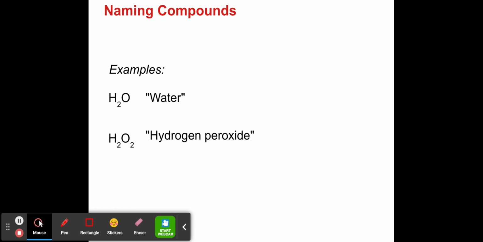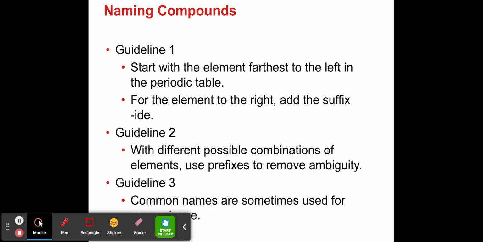So if you go to a store to buy water and you tell them that you want dihydrogen monoxide, they probably will not understand what you're talking about, except they did some chemistry. But if you tell them that you need water, obviously they will know what you're talking about. This compound is called dihydrogen dioxide, but is popularly known as hydrogen peroxide. So for some substances, their common names are acceptable. Take note of that.